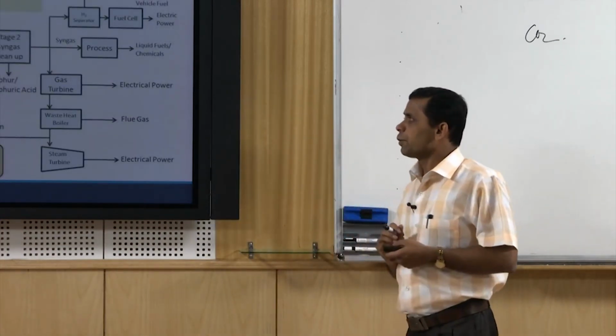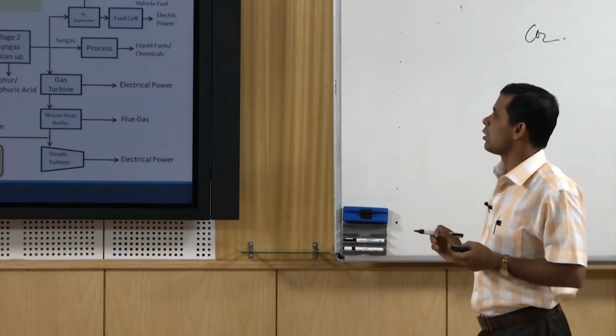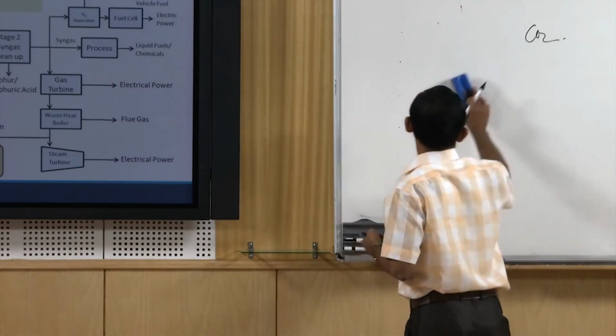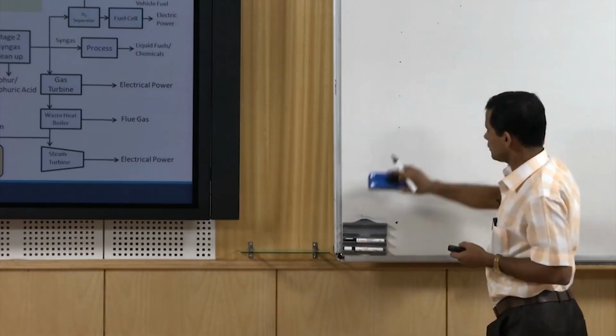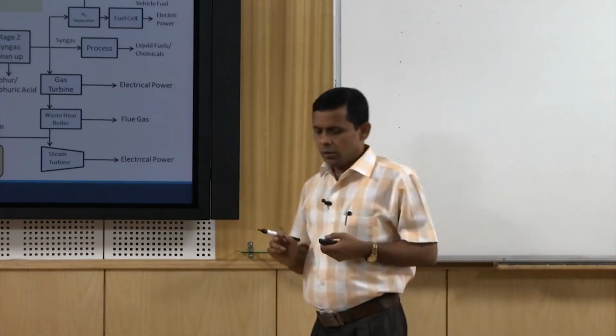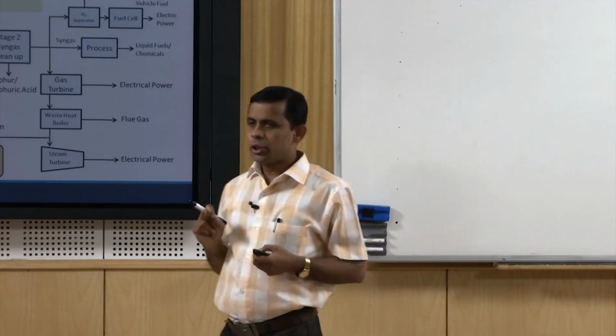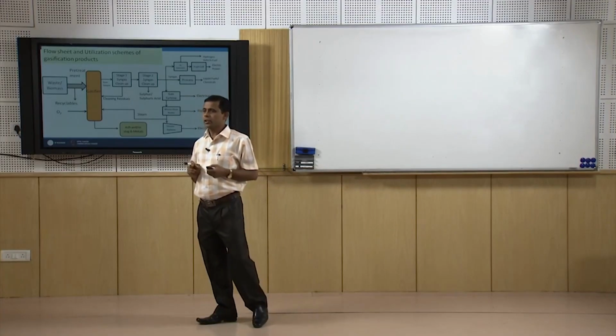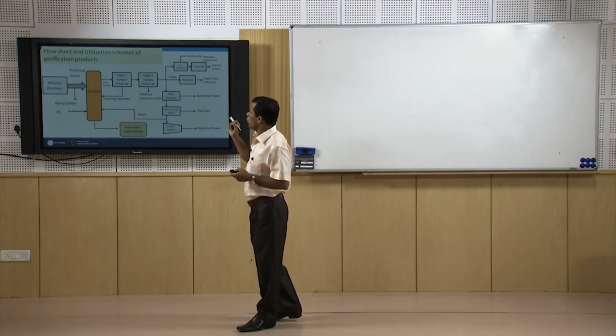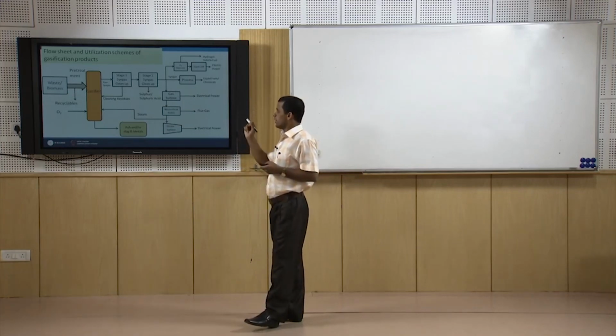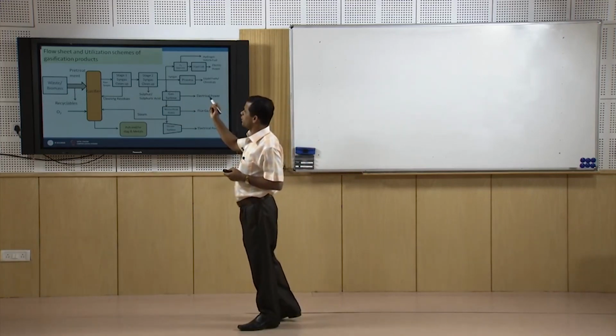Now, we will see the flow sheet and utilization schemes of gasification products. Similar to incineration or combustion methods, we will be using waste and biomass or any carbonaceous materials after pre-treatment.